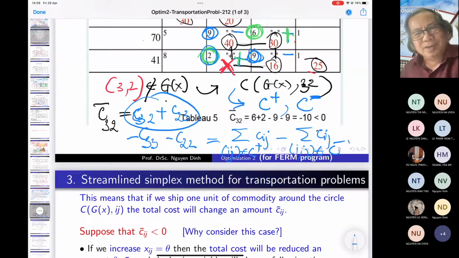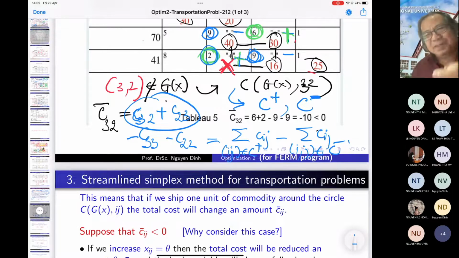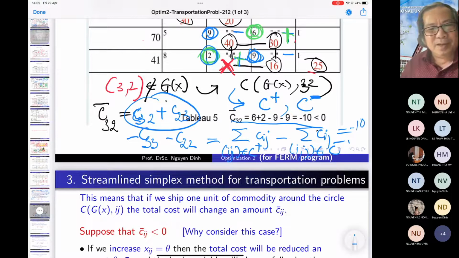You take the costs in the plus cells and subtract the costs of all the minus cells, and then you have C bar. In this case, for example, it is 6 plus 2 minus 9, and then minus 10. That's the way to calculate C bar, the reduced cost.